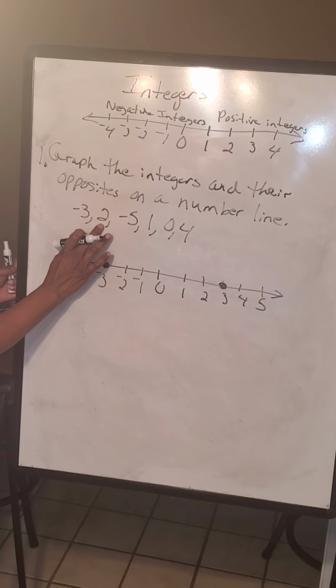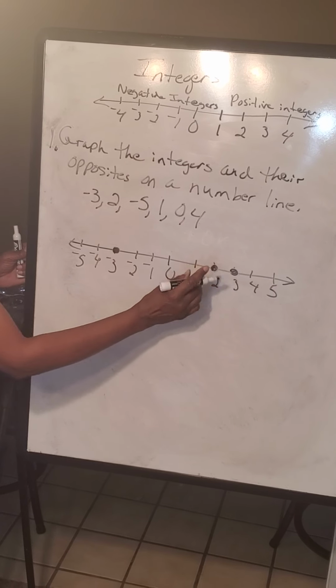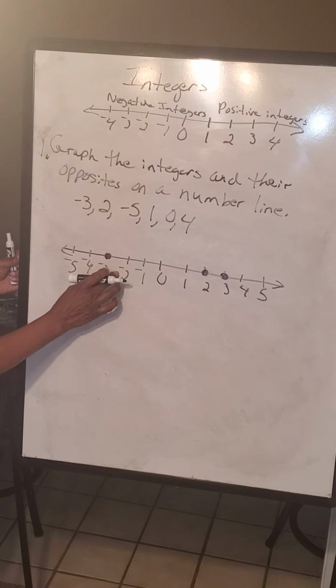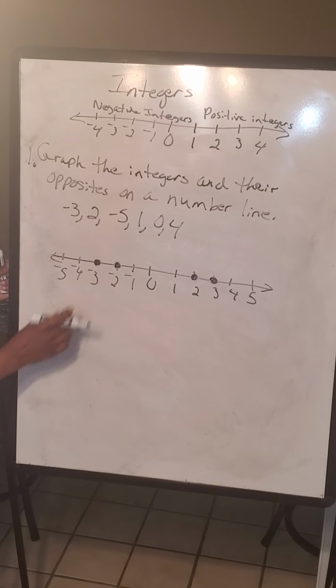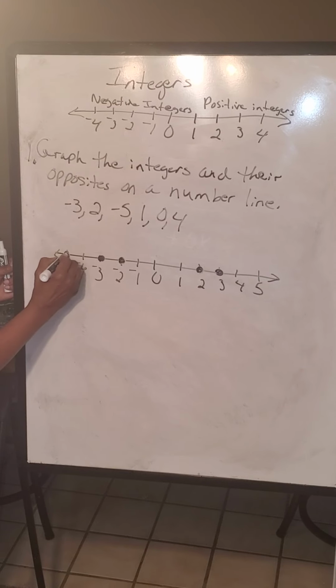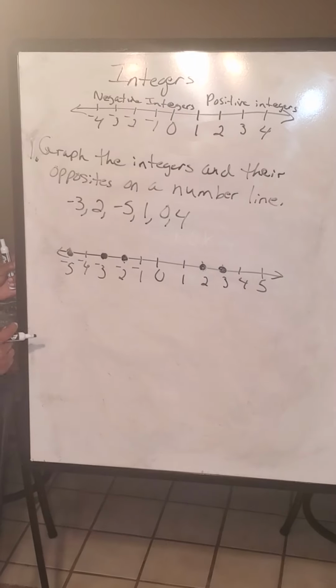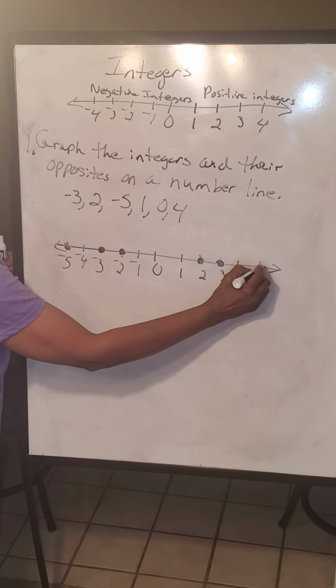Then I'll graph my +2, so I'll put a dot on a +2. The opposite of a +2 is a -2, so I need to put a dot on my -2. I'll put a dot on -5, and if you notice, I'm putting my dots on the number line. The opposite of a -5 is a +5.